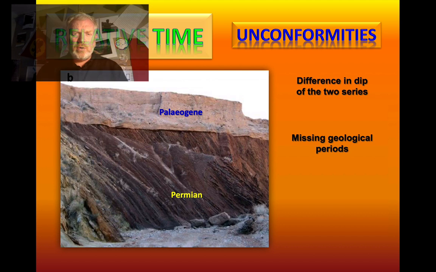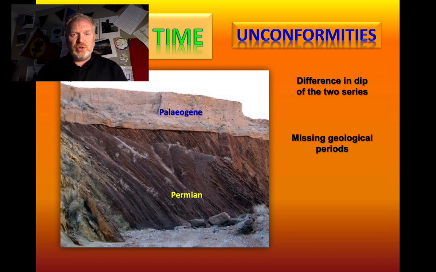Okay, if we look at the second one, I need to apologise again, I'm afraid, for using an old-fashioned term in your booklet. It should be Paleogene rather than Tertiary. For this one, we need to measure the difference in dip between the two. There's our unconformity, which we should have highlighted.